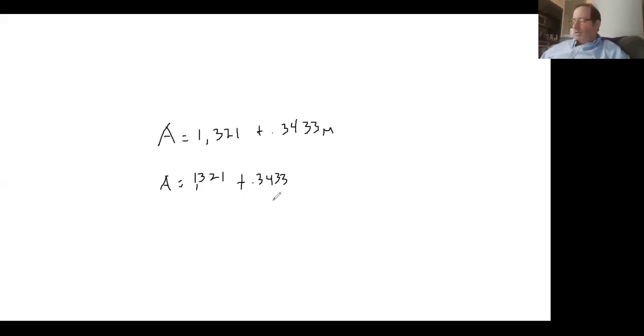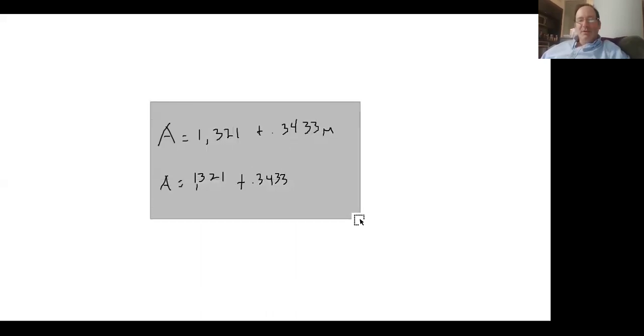So for each increase of 1 gram in mass, A increases by approximately 0.3433 square centimeters. Makes perfect sense. I just started with m is 0, made m equal to 1, and the area increased by exactly what answer choice A said. So always just plug in numbers if the wording is confusing or the problem seems confusing, and it'll make a lot more sense.